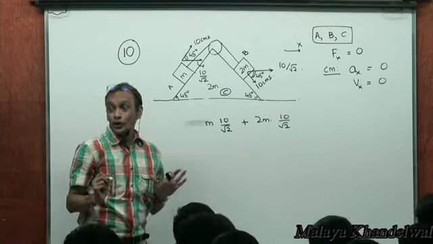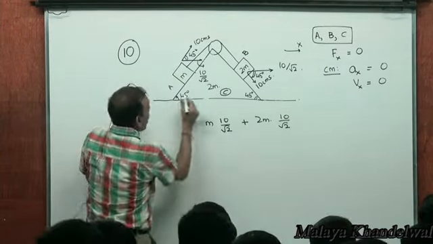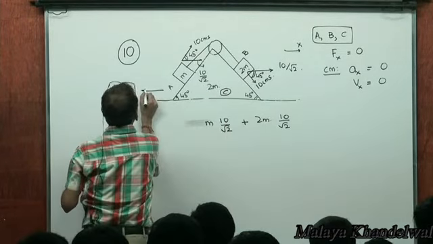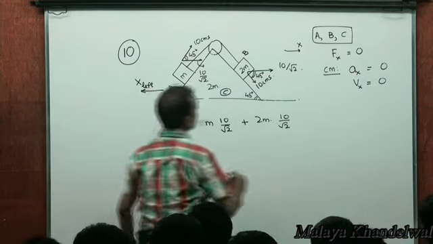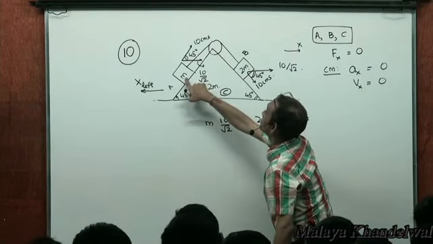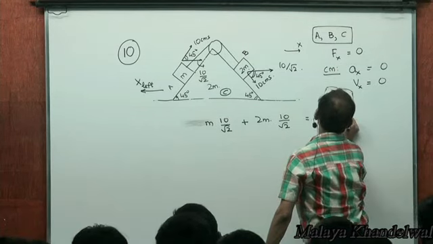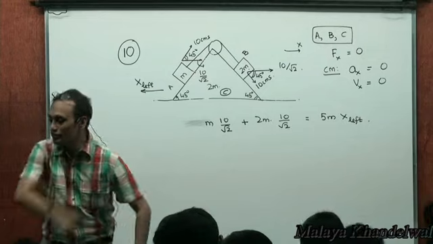Now the blocks come to rest. Now the two masses along with the block move by an amount x to the left. The total mass that moves to the left by an amount x is 5m, 4m plus m, to restore the x coordinate of the center of mass of the system.